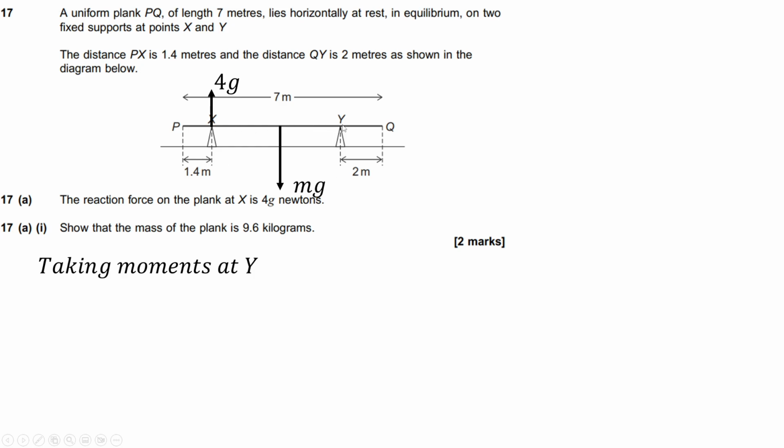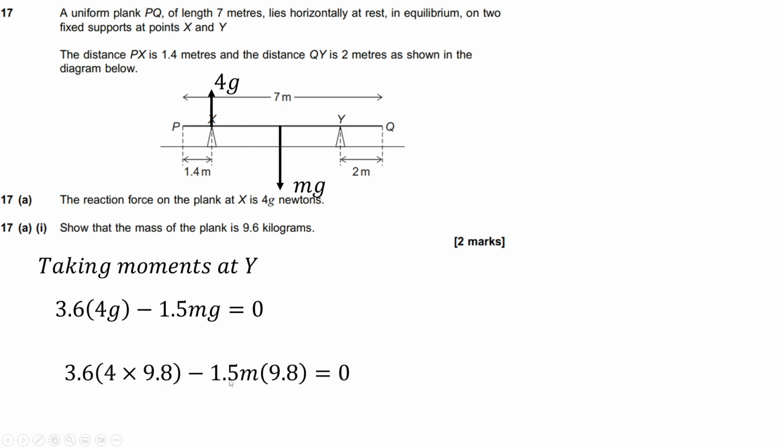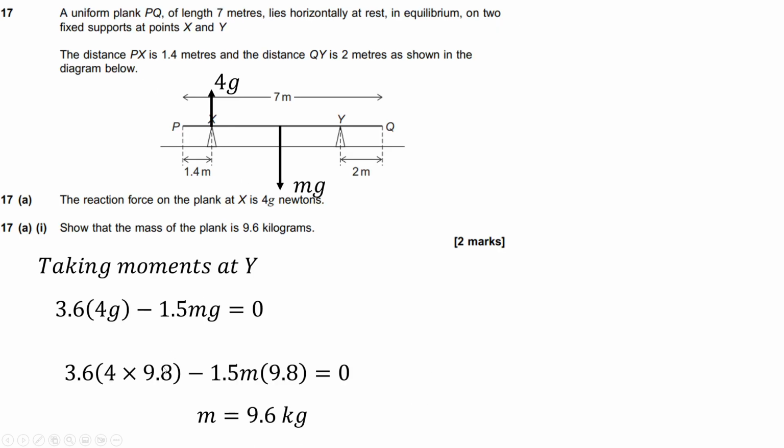That gets you 3.6, times the force 4g. So we've got 3.6 times 4g, subtract 1.5mg equals 0. If we do that, you just plug in 9.8 for g, you'll get m is 9.6. You might just say that the clockwise moments equal the counterclockwise moments, you'd get the same answer. Also, this is negative because it's just acting in the other way.